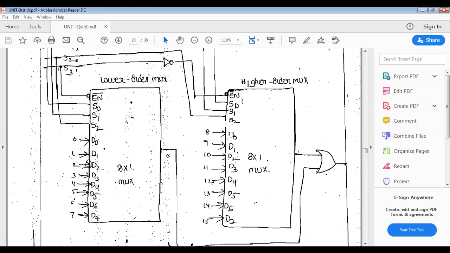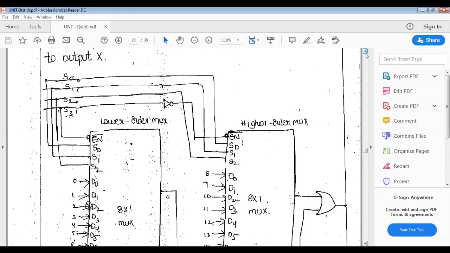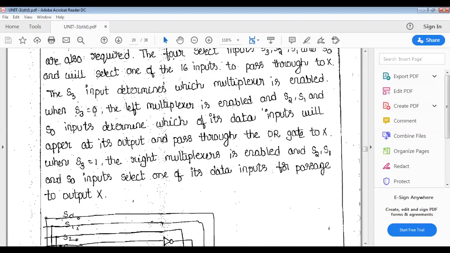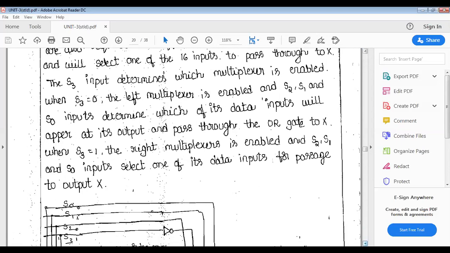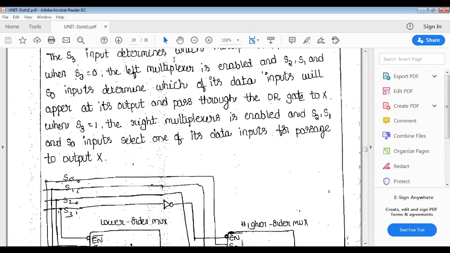Meanwhile, you can assume this is the left side and this is the right side. When S3 is equal to 0, the left multiplexer is enabled. And the S2, S1 and S0 inputs determine which of its data inputs will appear at its output.